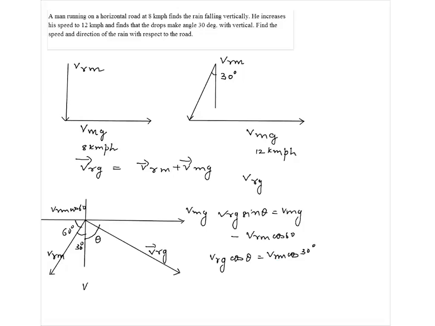VRG cos theta is VRM cos 30. Coming to this side, cos 30 will become that, and that is VRM. That I'm going to put here.